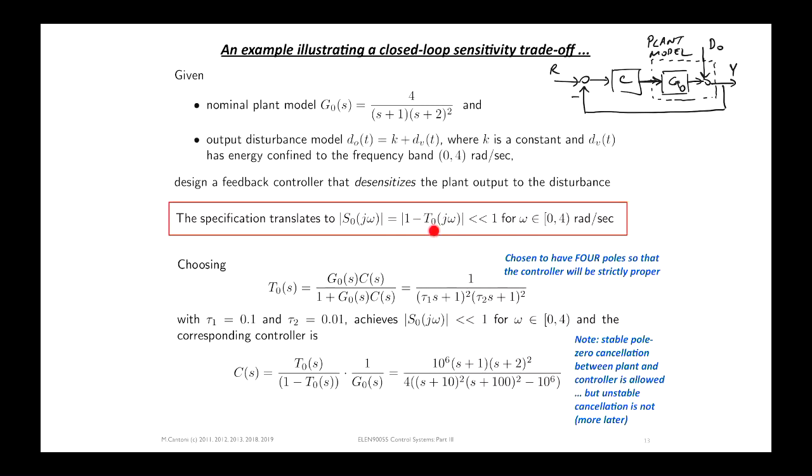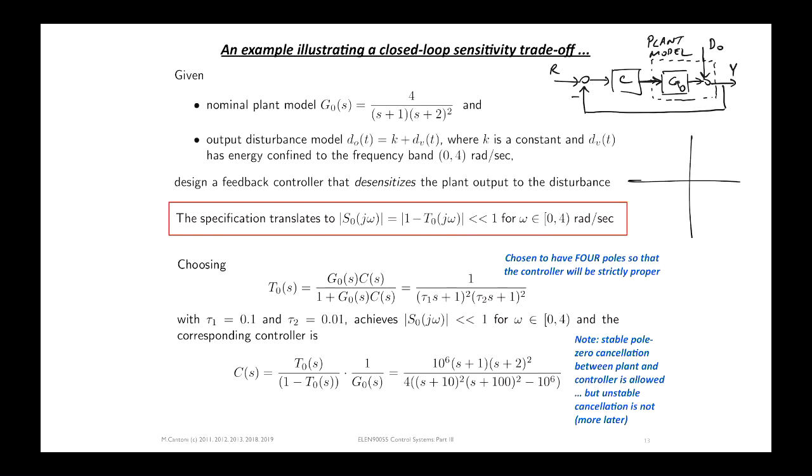So we can end up with 1 minus the complementary sensitivity function being a very small number if T0 for frequencies over this range is a complex number that is very close to 1.